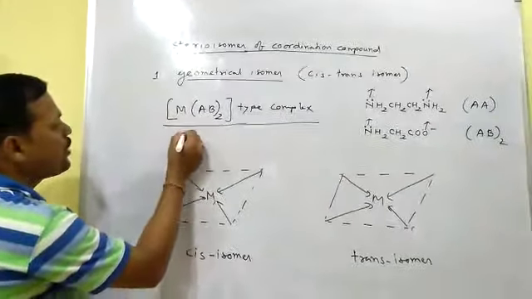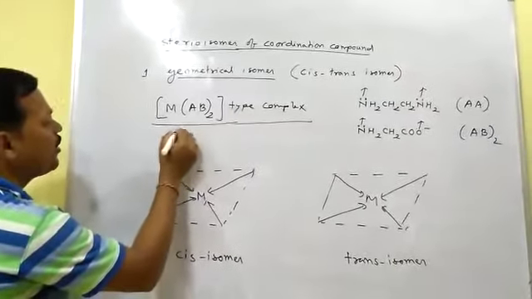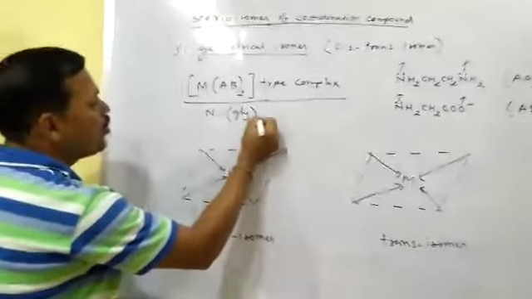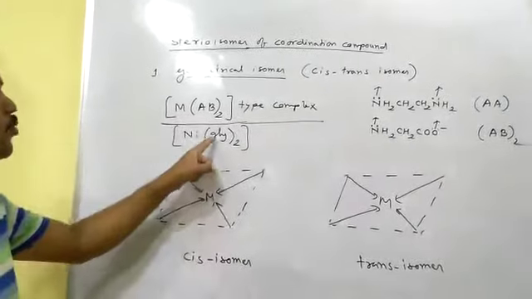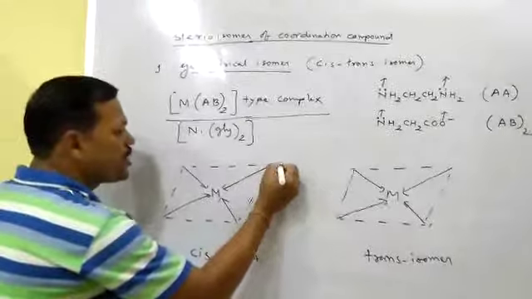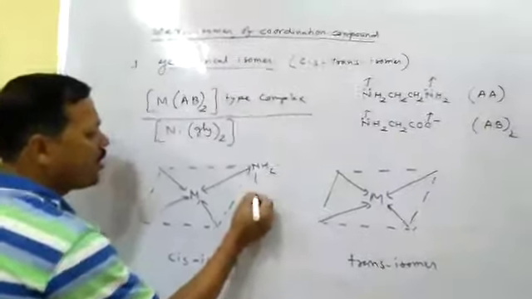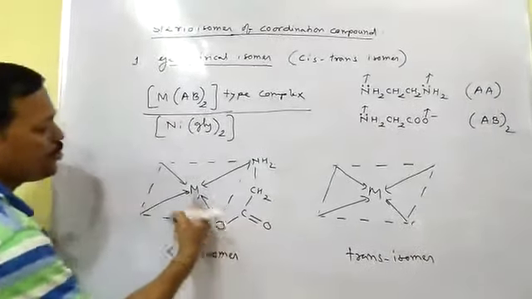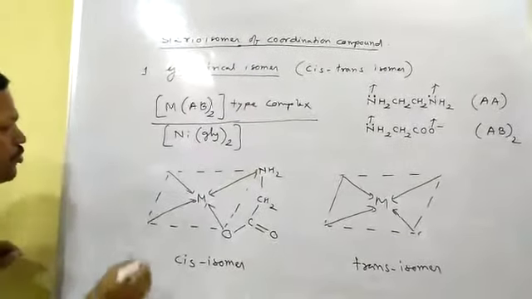So one example I will show you, nickel glycinate, the second one, whole 2. This is the complex, suppose, and you have to draw the cis trans. Now I will show you. Suppose this is NH2CH2COO minus. This oxygen donates one pair, produces one bond. The nitrogen donates one pair, produces one bond.